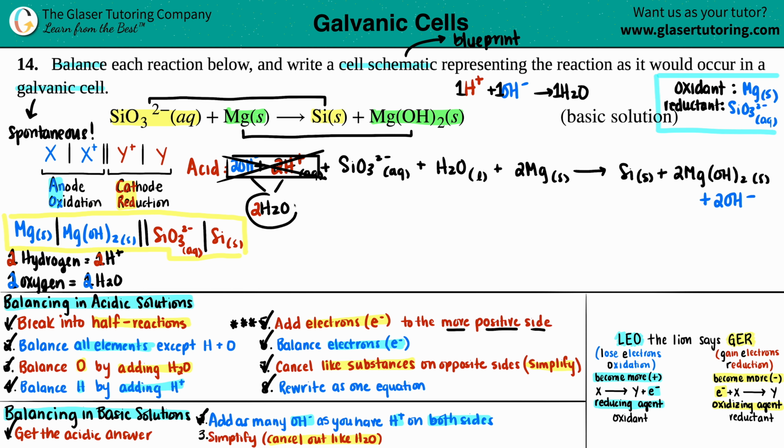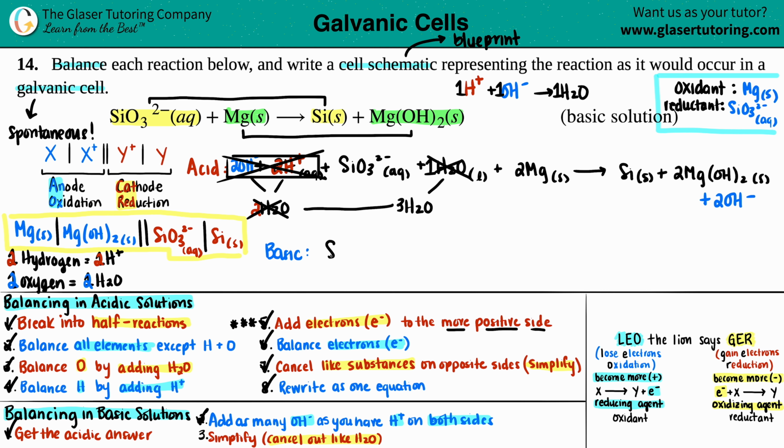And now since I have 2 H2Os on this side, and I have H2O on this side, they will actually be simplified. 2 waters plus 1 water is now a total of 3 waters. So I can get rid of this and this because it's now going to turn into 3 H2Os. So finally, my basic answer. Holy guacamole.